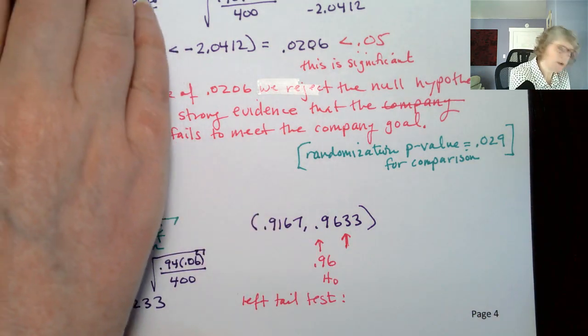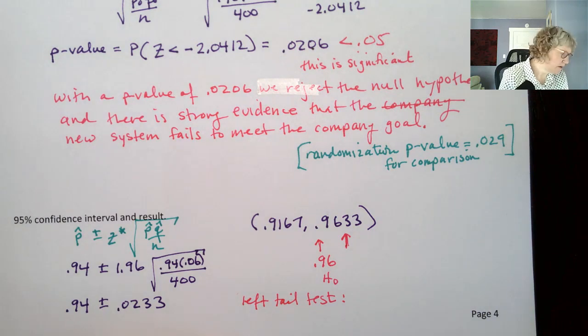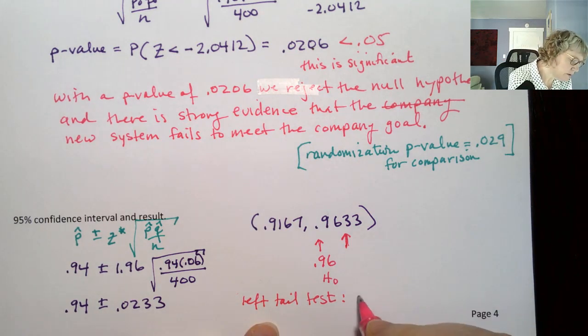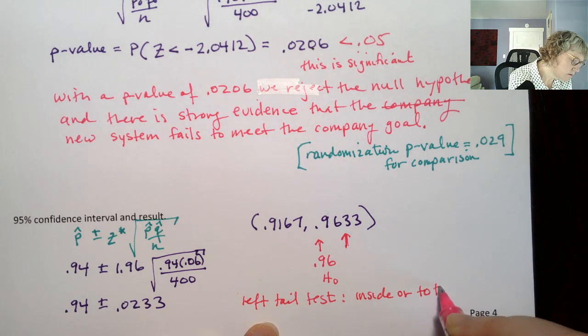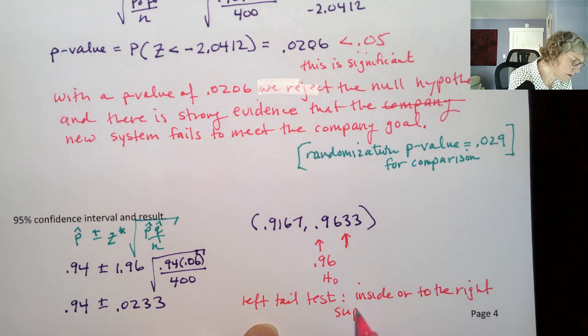Because that's going towards the null or higher. It's not going to the left tail. So inside or to the right supports the null.